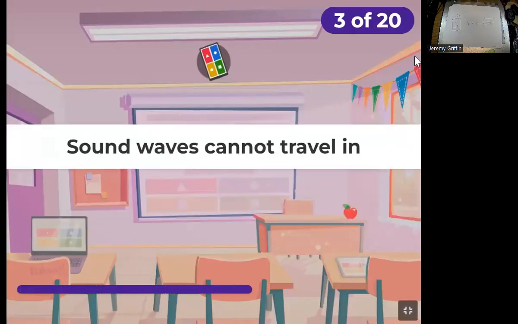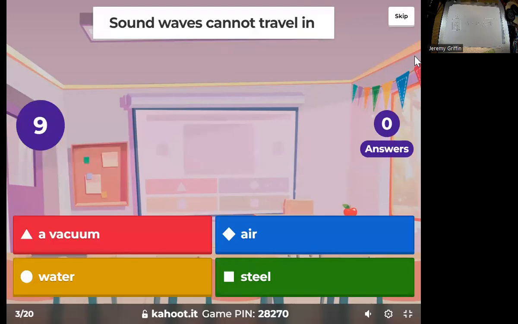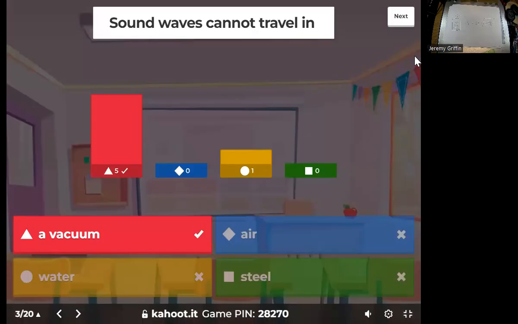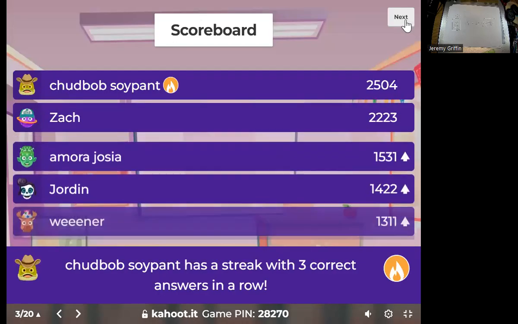Sound waves cannot travel in a vacuum. There you go. Okay, so sound needs a medium to travel through. Now that's not necessarily true of light. Light can travel through vacuum, right? So we get light from the sun. Sound needs a medium because sound's a pressure wave.